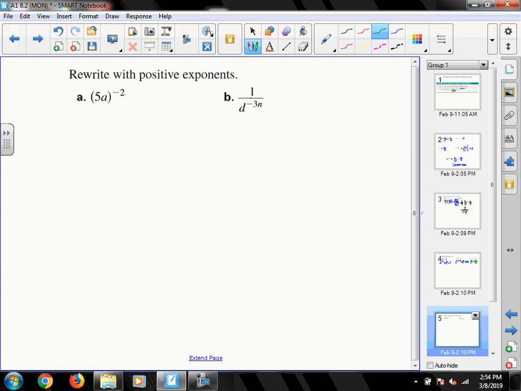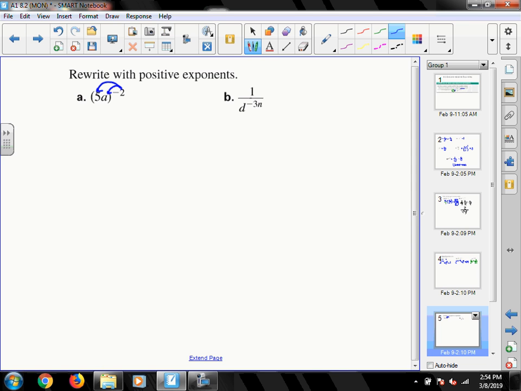Again, we're going to rewrite with positive exponents. So just more practice getting you guys used to those negative exponents. Looking at A here, just like we did last week, we're going to distribute that negative 2.